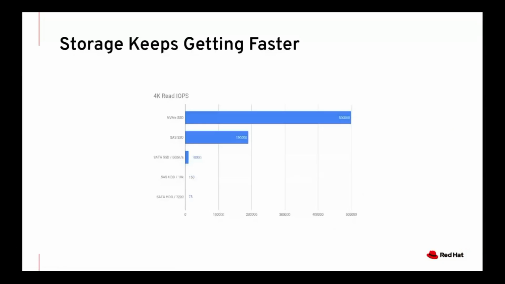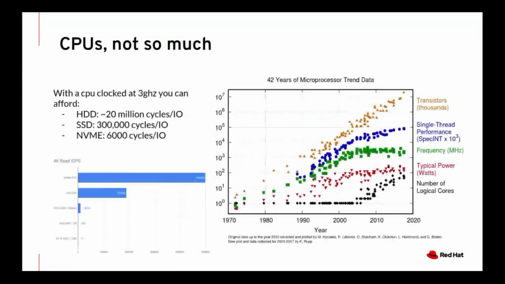So the main driver of the Crimson project is that storage technologies are driving towards higher IOP density and lower latencies. But CPU throughput isn't really improving on the same trajectory. We do see an increase in core count, but not an increase in per core throughput in quite the same way.